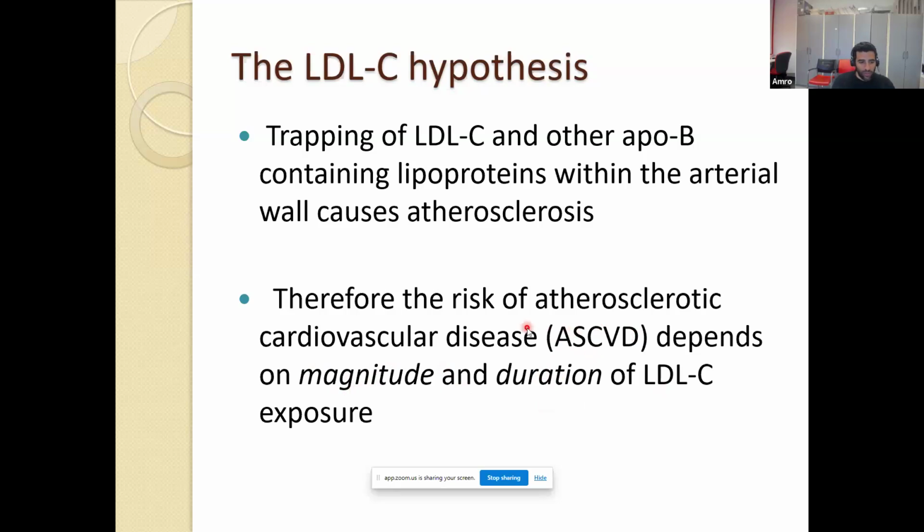So LDL cholesterol is one of those few biomarkers which is causally associated with atherosclerotic cardiovascular disease. It's like saying smoking is causally associated with lung cancer. We know that, but we also know that LDL cholesterol is causally associated with atherosclerotic cardiovascular disease because it meets these criteria. Higher and longer durations of LDL cholesterol increase your risk.